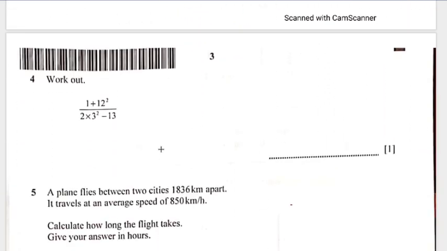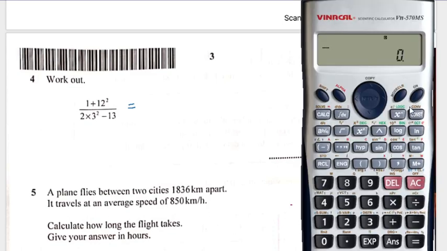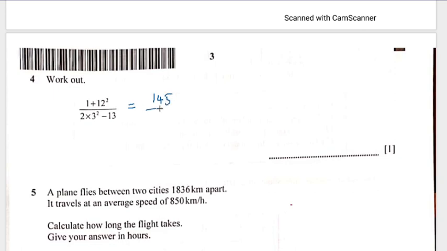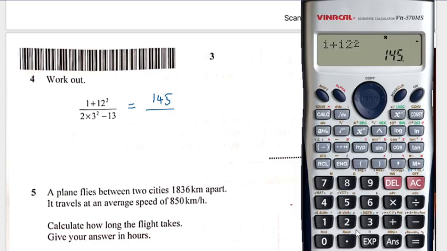Continue. Number 4. Work out this value here. I know this is paper 2, so you can use calculator, but you still have to work it out. So this is equals to 1 plus 12 square. Maybe you can do one by one. So 1 plus 12 square is 145, so we write the 145 over, the denominator here we will get 2 times 3 square, or you can also do it mentally, plus 13. Sorry, this is wrong.